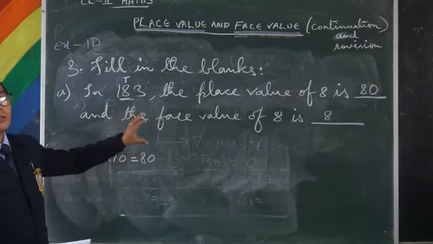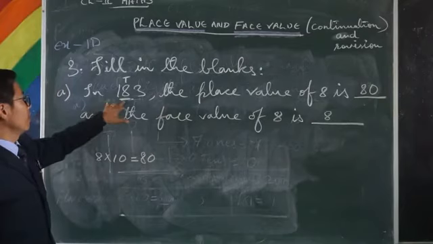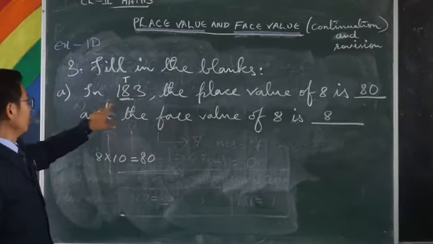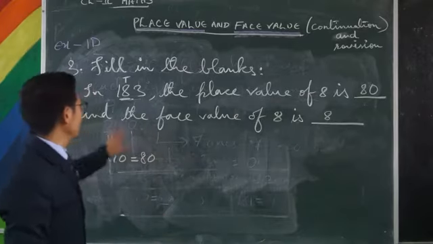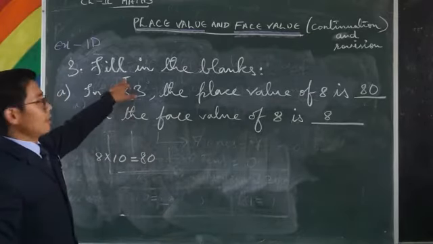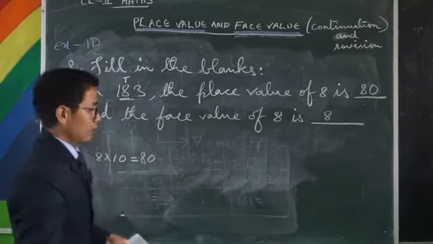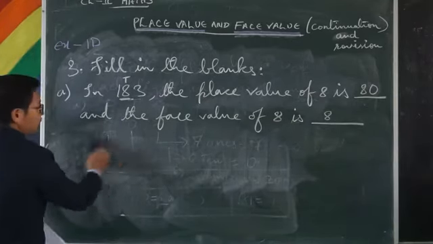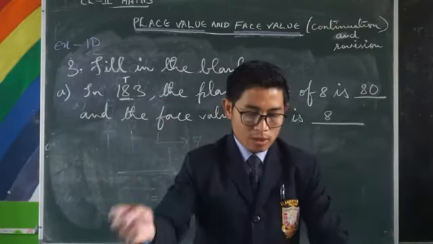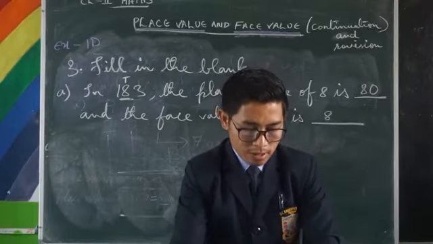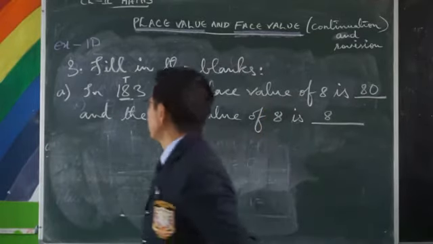Because face value remains the same. It will never change. Only the place value changes, and we have got 80. It depends on the place. 8 is in tens position, that's why we multiply with 10, which equals 80. Now we have got the first one. Now the second, you please do it by yourself, and then move on to C.